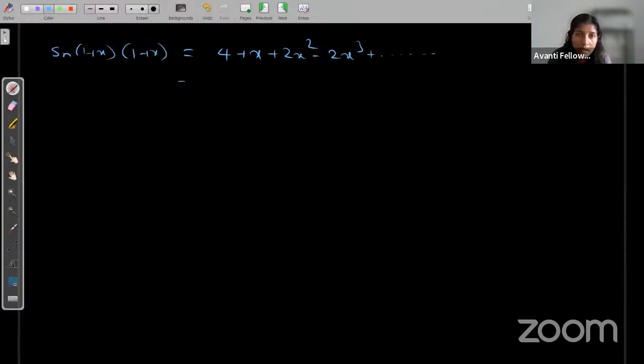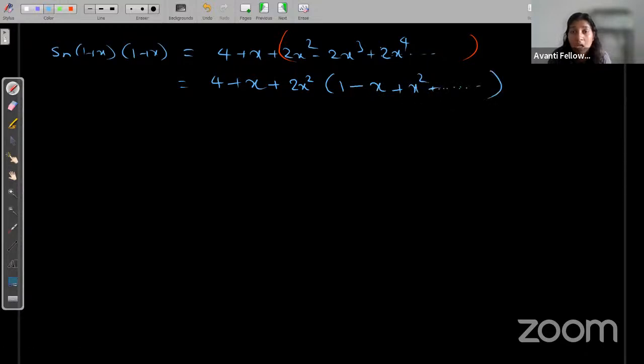Now observe, leave this 4 plus x. Observe the remaining terms. If you want me to write, I'll write one more term. The one more term will be 2x raised to 4 here. Observe these terms. I can take 2x squared common here. So it's going to be 1 minus x plus x squared minus so on.